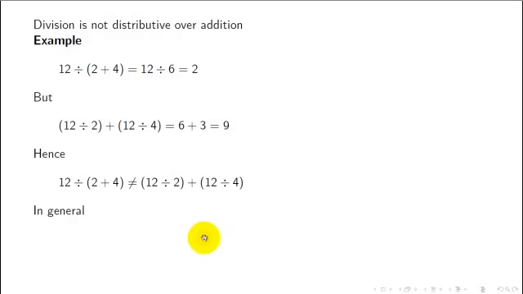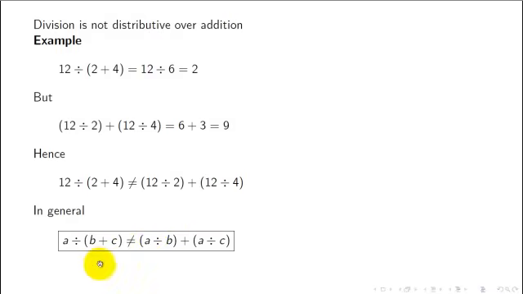Therefore, in general, we write a divided by b plus c is not equal to a divided by b plus a divided by c. What does it mean? It means when we are dividing a by b plus c, then this a does not get distributed over the sum of the numbers.